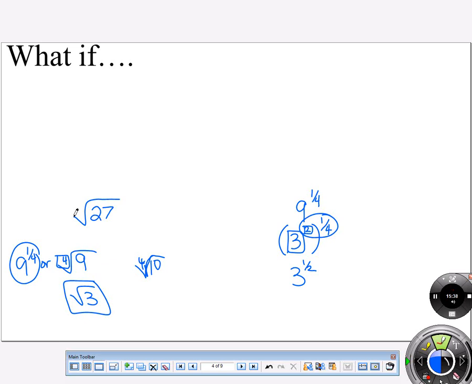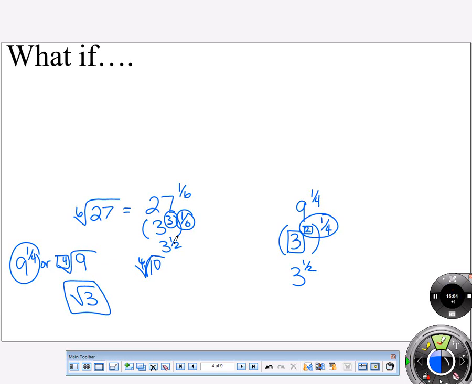Good. So the sixth root of 27, because this is like 27 to the 1/6 power, but if 27 is rewritten as its perfect cube, the 1/6 and the power of 3 would reduce to be 1/2.